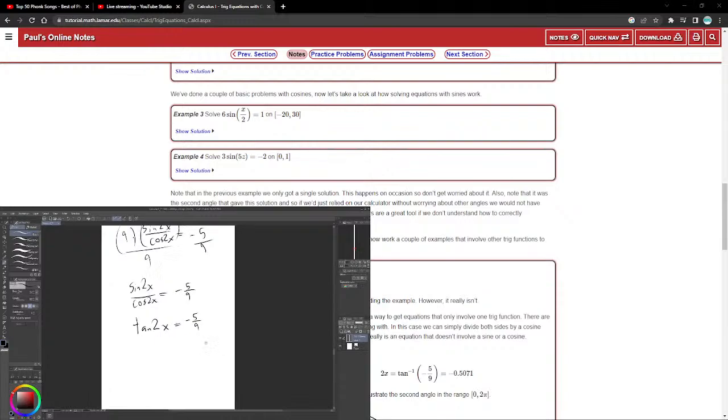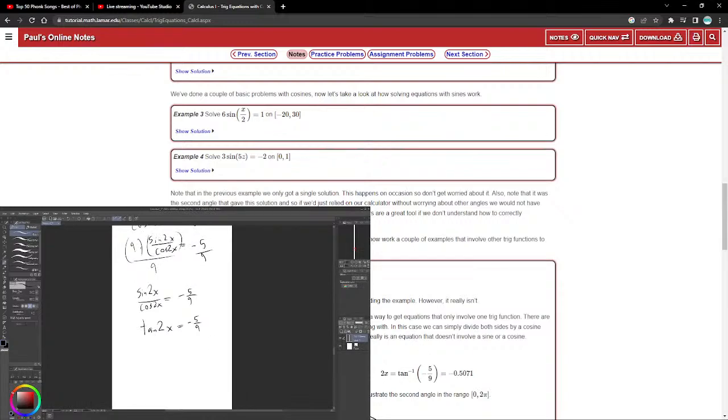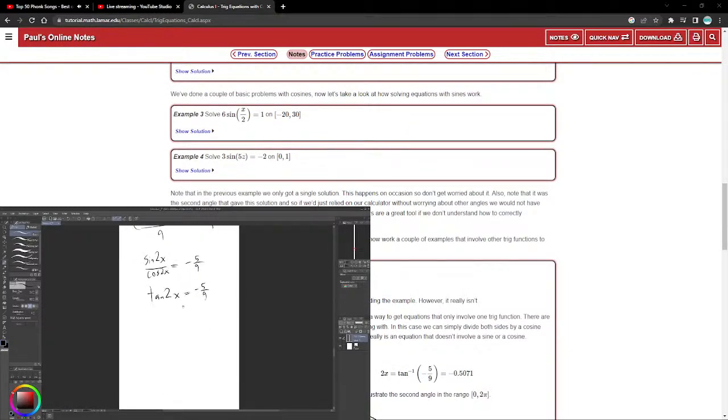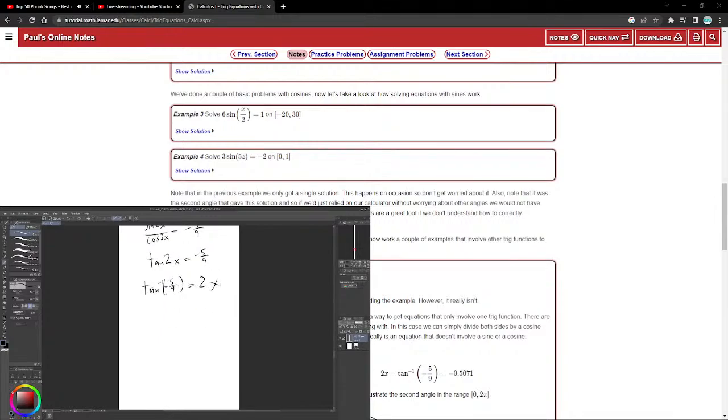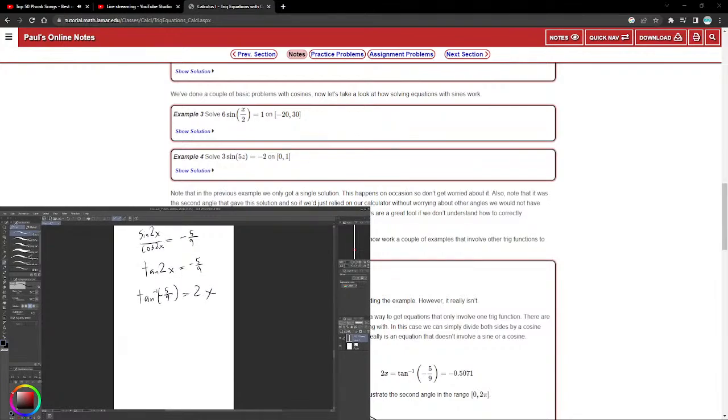Okay, I think. Oh wait, you can move the. Hold on. No. Okay, they don't move it. They just say, let's use inverse. So tan inverse of -5/9 equals 2x. Okay, so from here it's the same thing pretty much as yesterday. Gotta pull up the calculator.